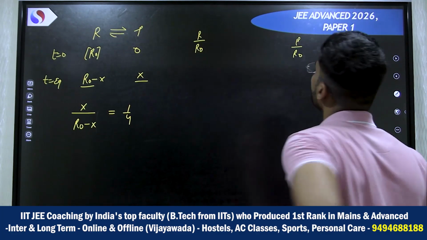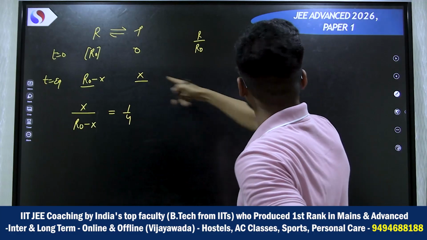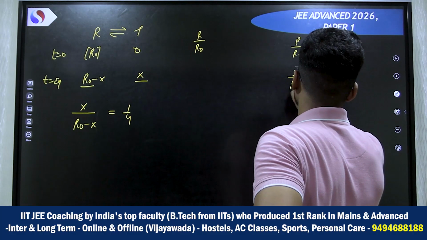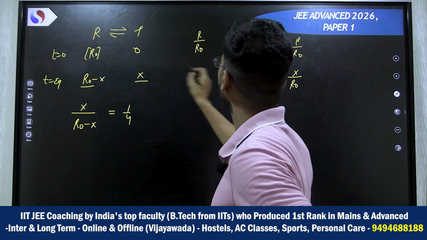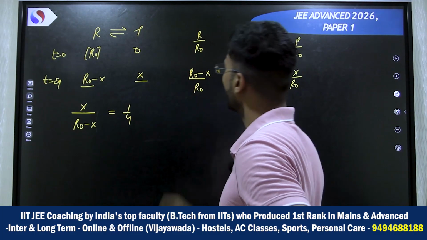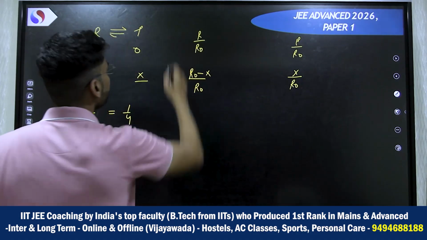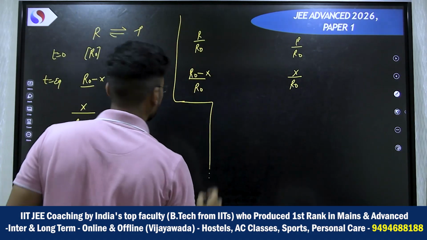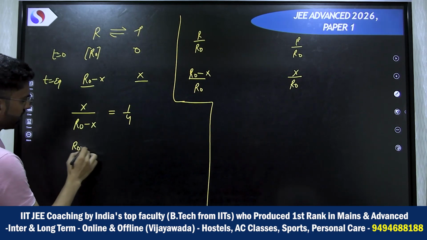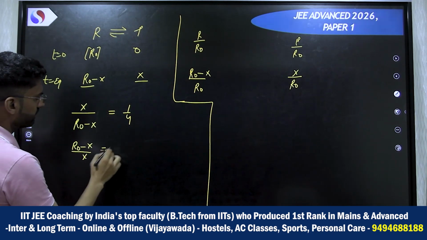What is P at equilibrium? I have to calculate X by R naught. And R is R naught minus X, so I need to calculate R naught minus X by R naught. How can we calculate it? If I take the reverse, R naught minus X divided by X will be equal to 4.